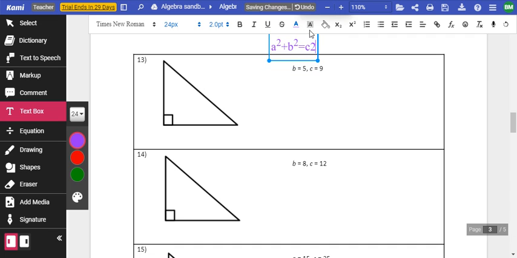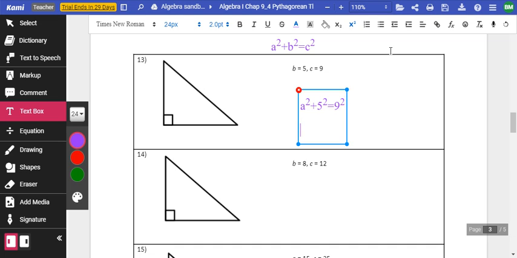So we're going to use this formula to find A. We don't know what A is. We have A squared plus 5 squared equals 9 squared.